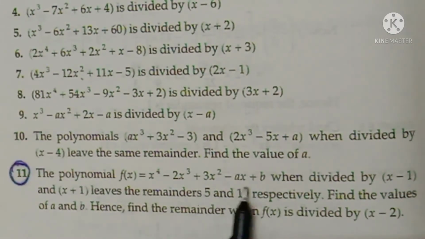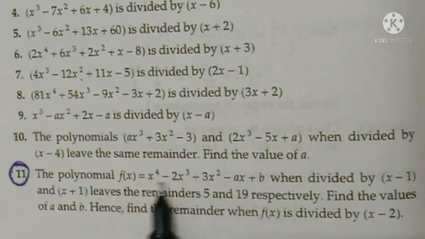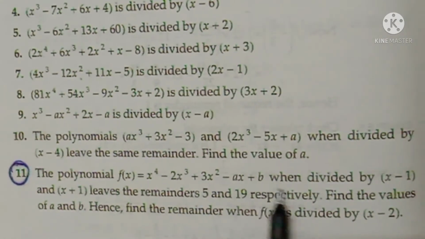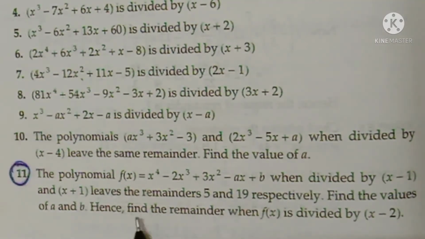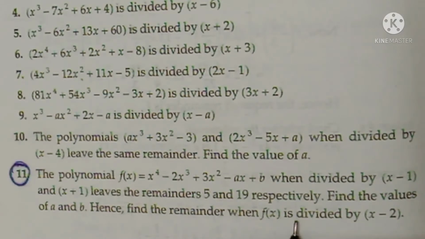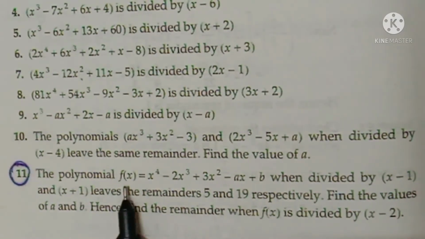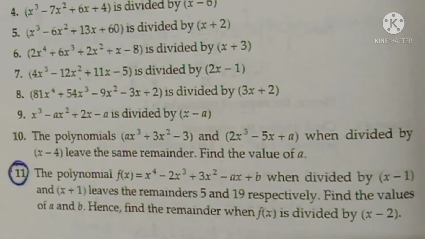Put the values of a and b in the polynomial, so you will get the polynomial in x and constants. Now the last part is to find the remainder. So substitute x is equal to 2, and you will get the value f(2), and this is the solution.